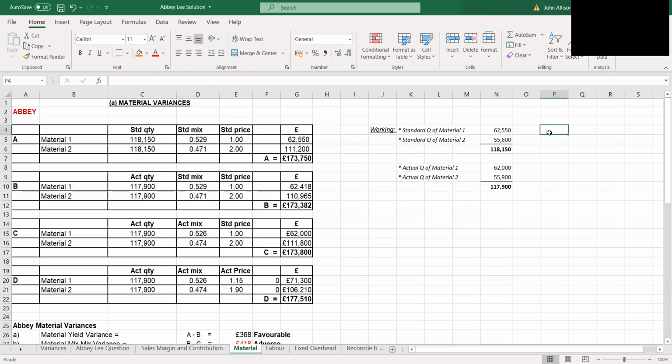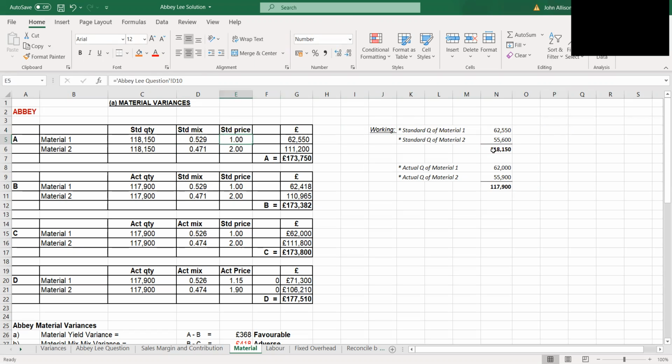For material 1, it will be the 62,550 over the 118,150, which is 0.530 or 0.529, thereabouts. And then for material 2, it's the 55,600 divided by the 118,150, which gives us 0.471 or thereabouts. So put in there to 3 decimal places the 0.471.